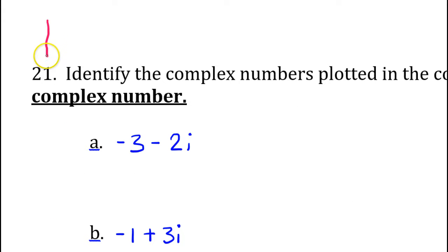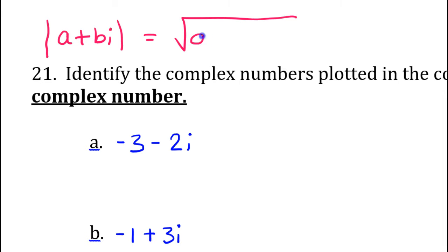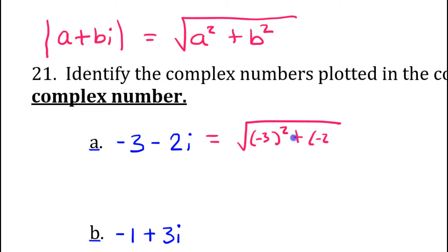Now, the absolute value of a complex number a plus bi is the square root of a squared plus b squared. That's just the Pythagorean theorem, really. So for this first one, it's just going to be the square root of -3 squared plus -2 squared.